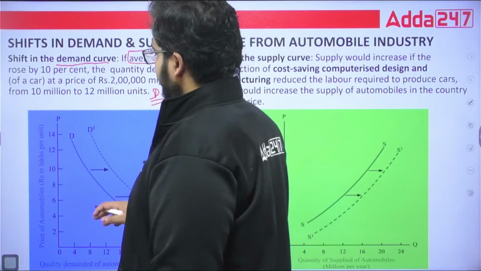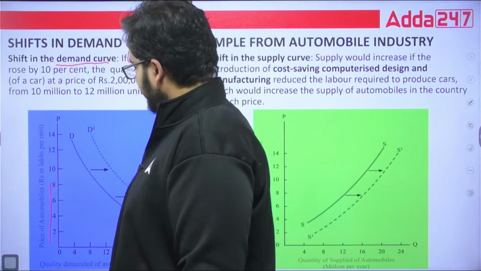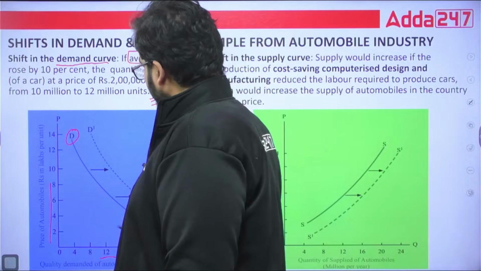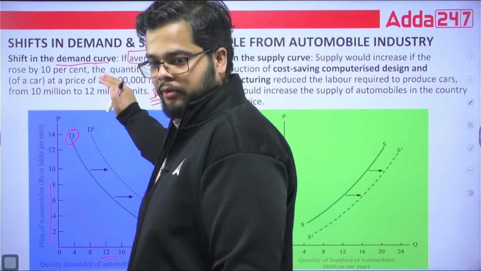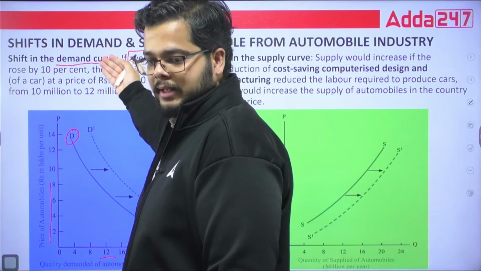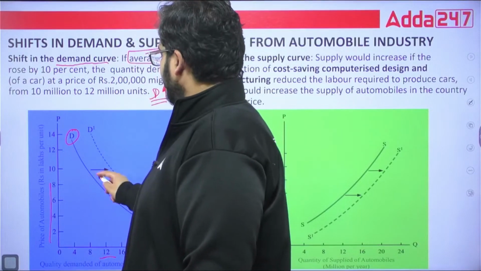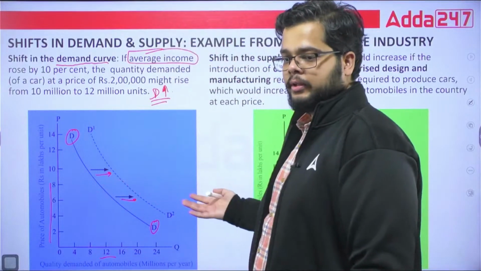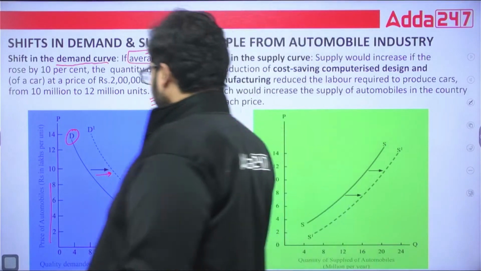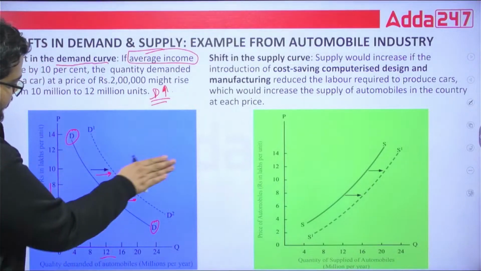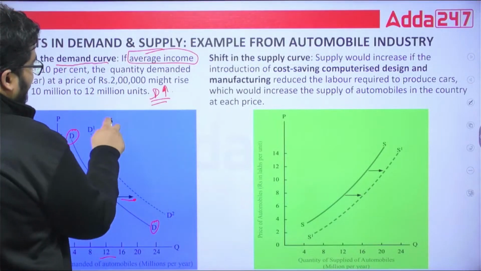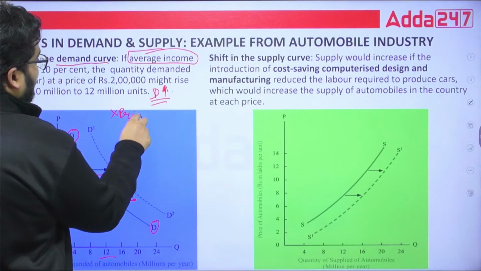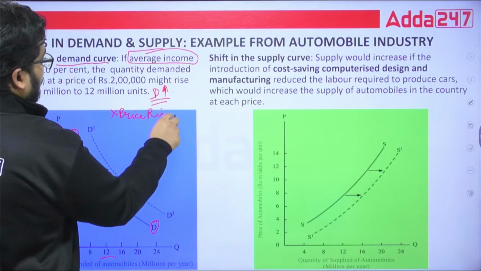So if the price of automobiles and the quantity demanded had this particular graph earlier, before the rise in their income, it will start to shift to the rightward side, despite the fact that there is no price rise or fall.